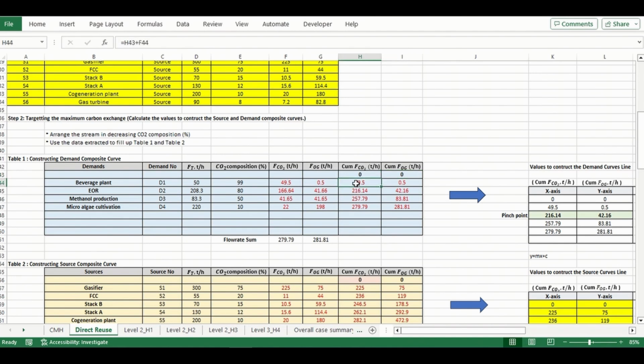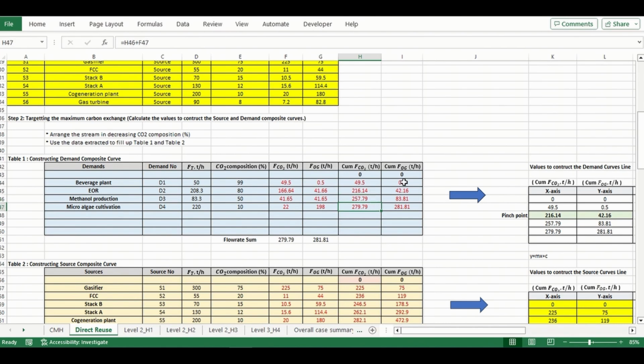You can check the Excel formula by clicking here: we add 0 and 49.5 to get 49.5, then add 49.5 and 166.64 to get 216.14, then add 216.14 and 41.65 to get 257.79, and the same goes for the last one.